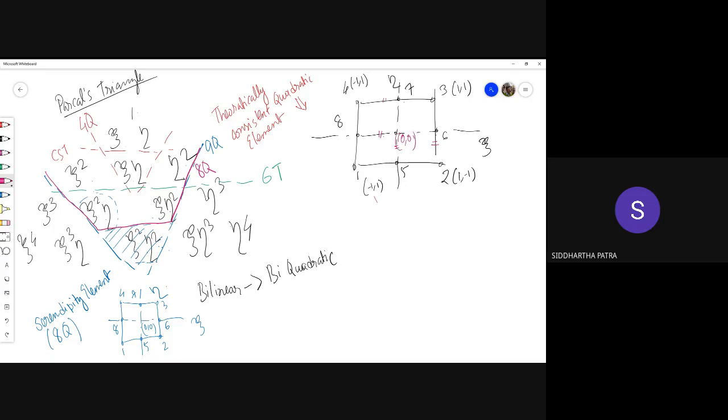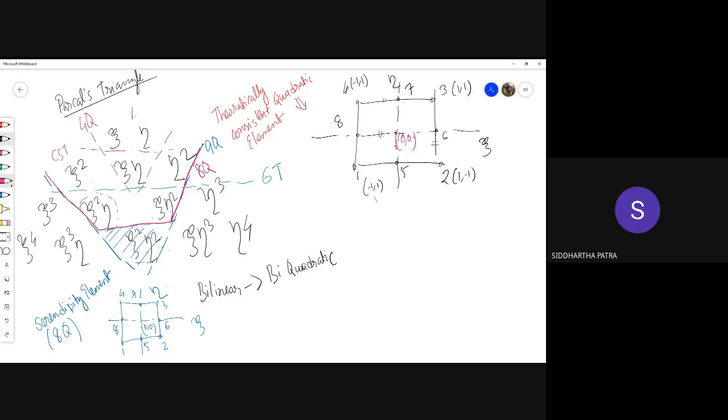Now this time it would be tricky. Which direction should you take? First of all, notice that you are getting constant terms, linear terms, quadratic terms, and up to cubic terms.